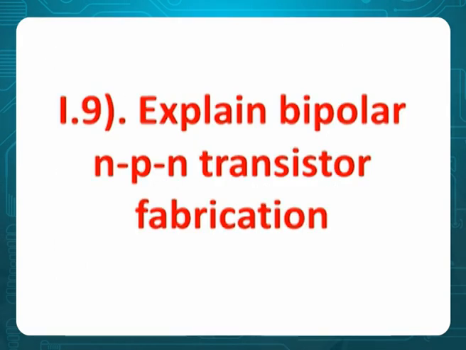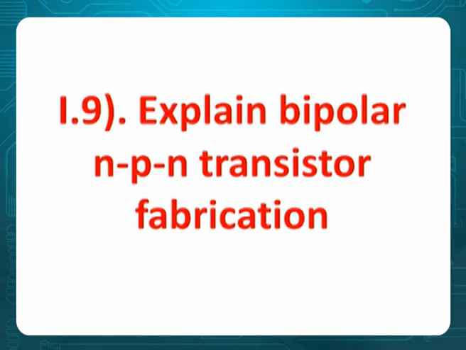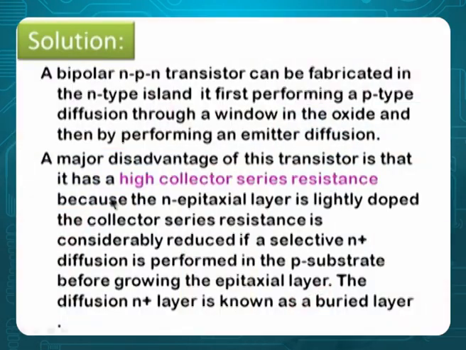Question number 9. Explain bipolar NPN transistor fabrication. How is an NPN transistor actually fabricated? See, any bipolar transistor can be fabricated in this way. First you take a substrate. Upon the substrate, using epitaxial, you put the N layer, and then it becomes PN. And then you put another layer from outside using diffusion.